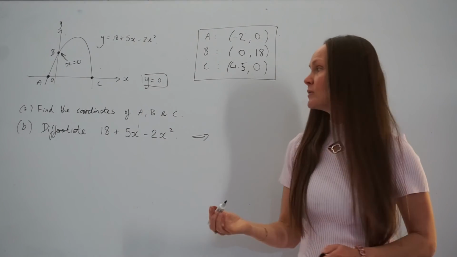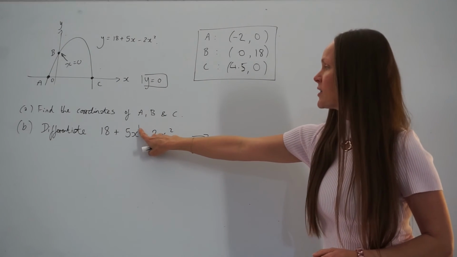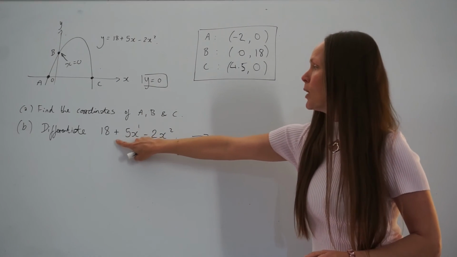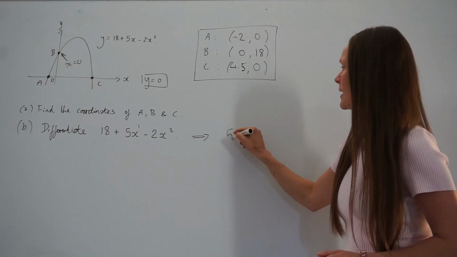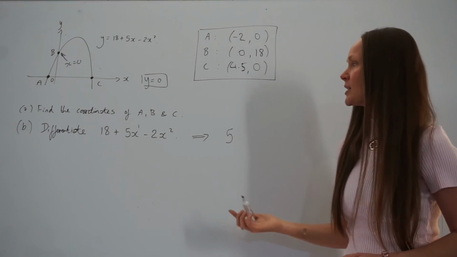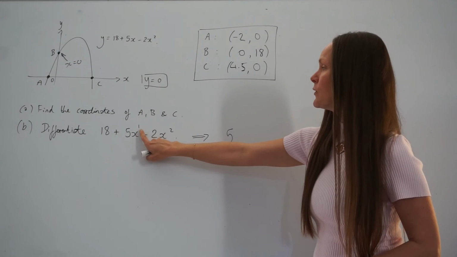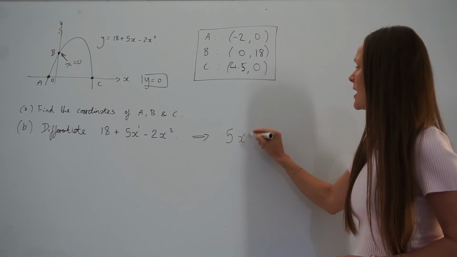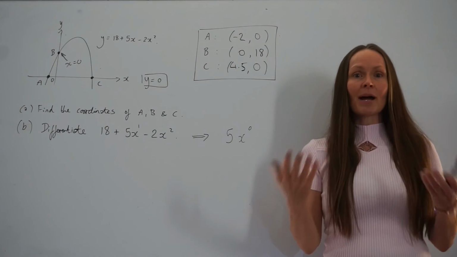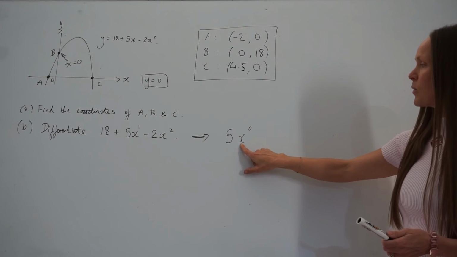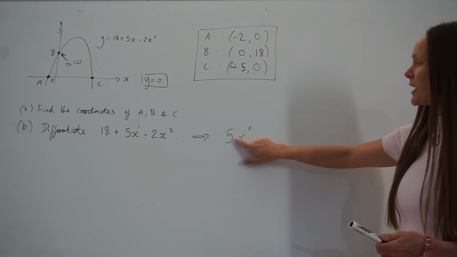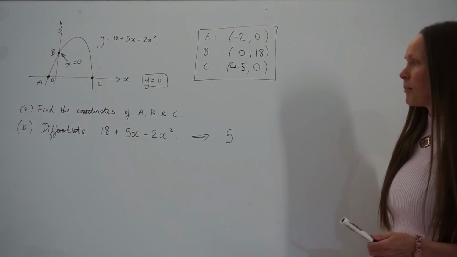And so remember, when you're differentiating, you're taking the power, so 1, multiplying it by the number here, so 1 times 5 is 5. And then the power on the x decreases by 1, which would leave you with x to the power of 0, except anything to the power of 0 is equal to 1. Okay, so this is the same thing as 1, and 5 times 1 is just 5, so you don't actually need to write that part down.